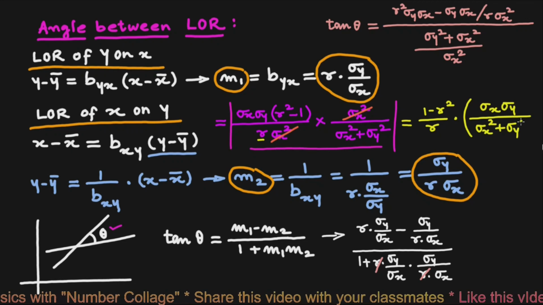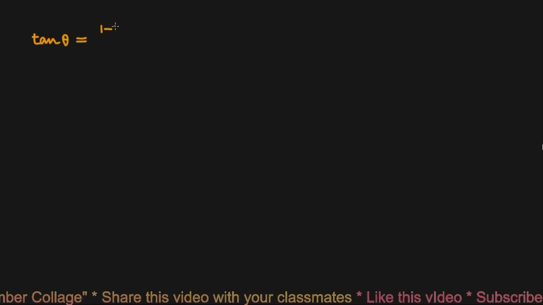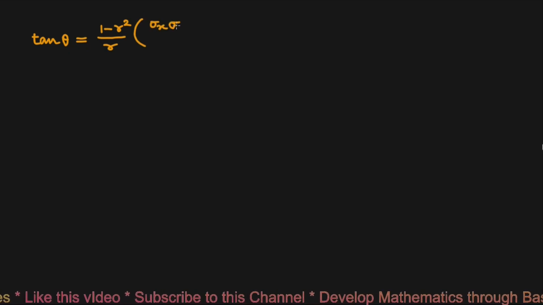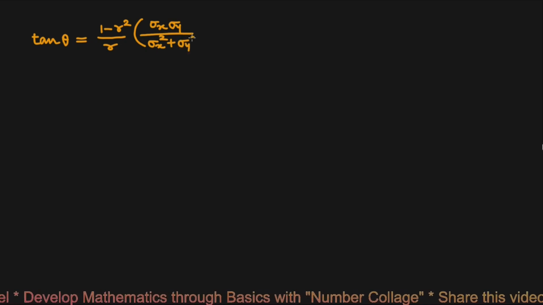plus sigma y square. Now we understand various interpretations of the formula tan theta equals (1 minus r square) upon r, into sigma x sigma y upon (sigma x square plus sigma y square).